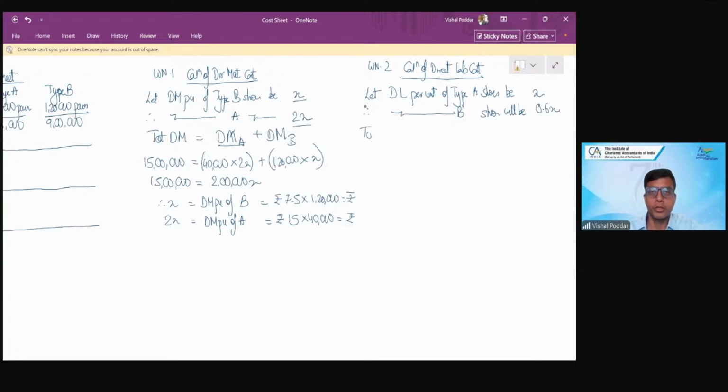Same equation: total labor cost is labor cost of A plus labor cost of B.